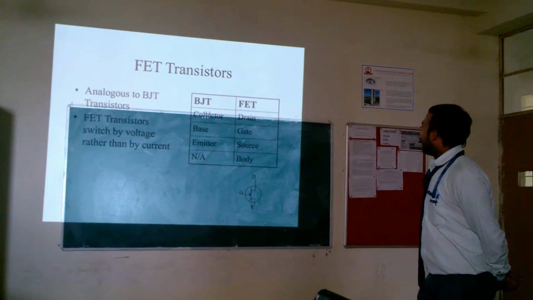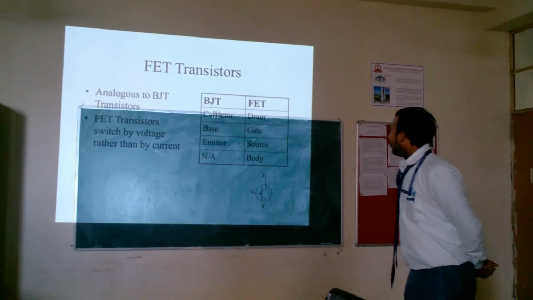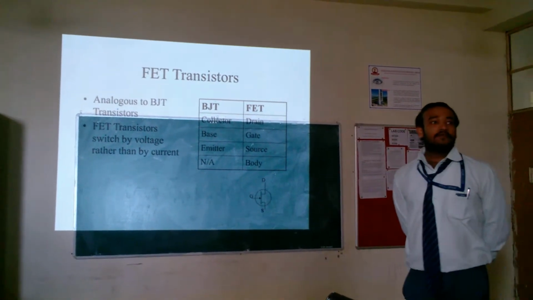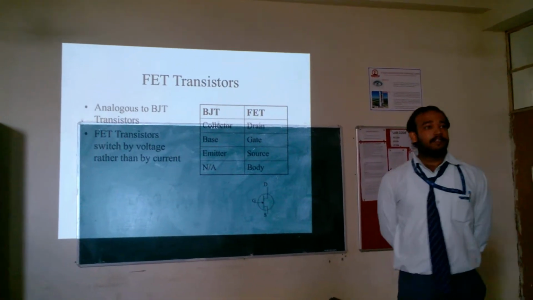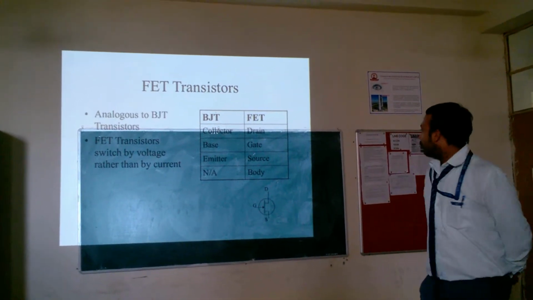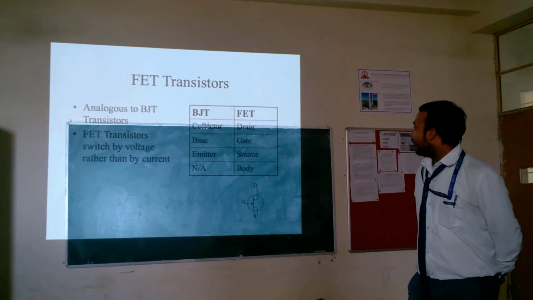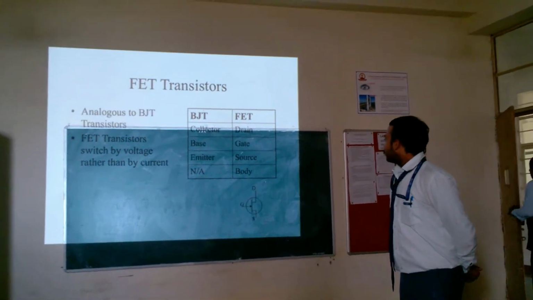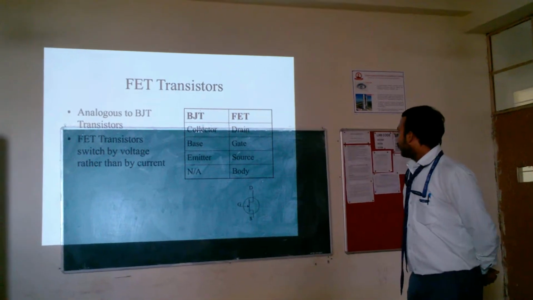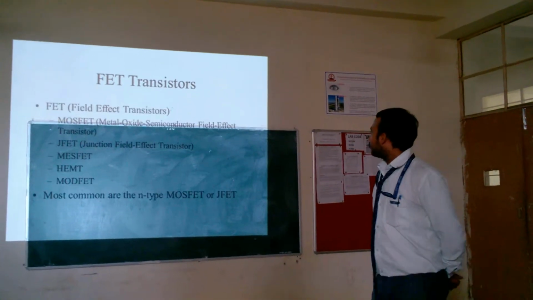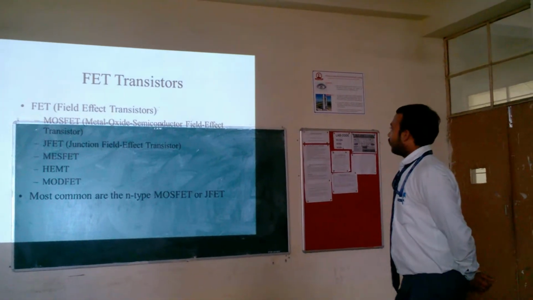FET and BJT. Drain is the position of the collector in a FET. Gate is the position of the base in a FET. Source is the position of the emitter in a FET.